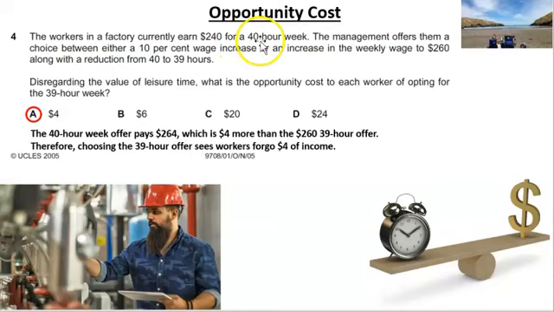So really the 40-hour week pays $264. So if they choose the 39-hour week, they're going to get $4 less. So they're not getting $264, they're getting $260. So I think I can see which is the better deal of the two. So the opportunity cost of 39 hours is they miss out on that $4.